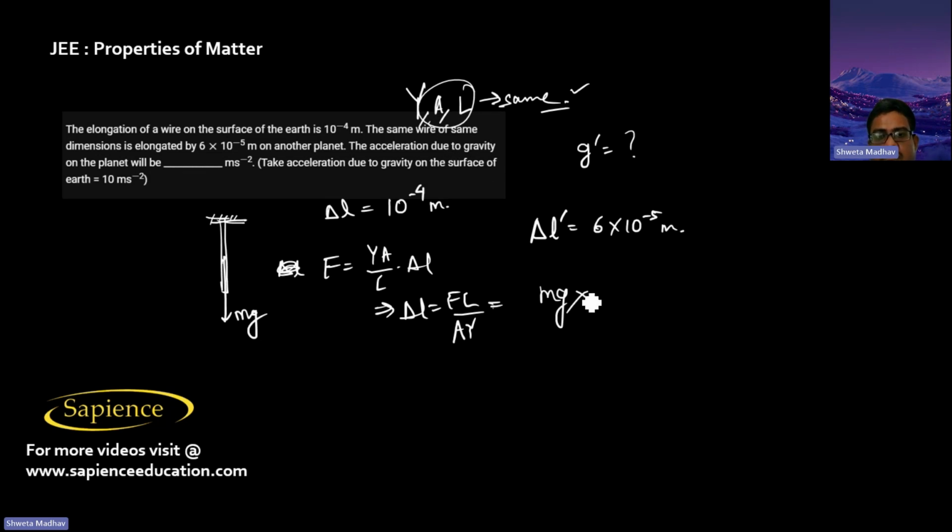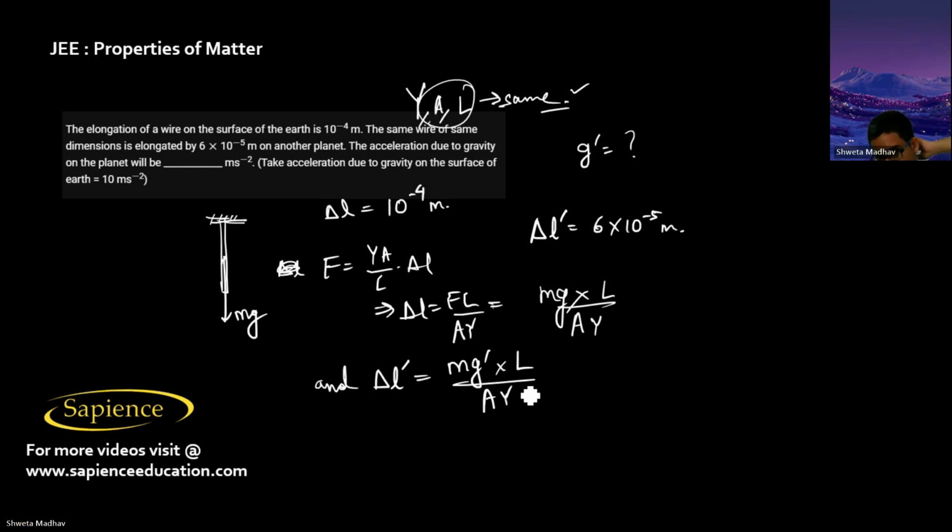So this will be mg into L by A into Y. Similarly on another planet, the extension delta L dash will be equal to m into g dash into L by AY. If we divide these two, we get delta L by delta L dash equal to g by g dash, since mL by AY is the same and cancels.